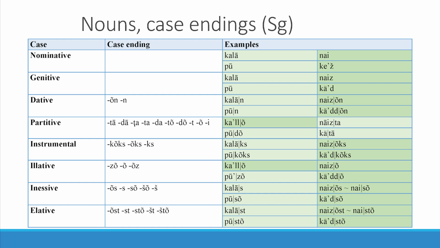But on the next slide, I already found one mistake, so I will correct that. In Livonian, as you can see, this nominative and genitive part is empty, because the singular nominative and genitive, as well as the plural, are homonymic, so they are similar.